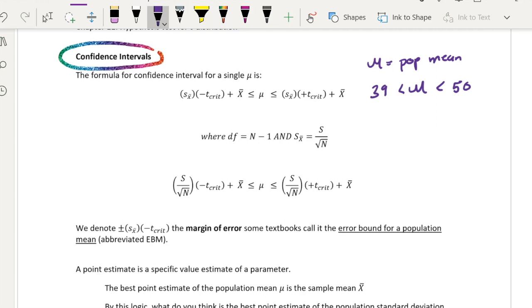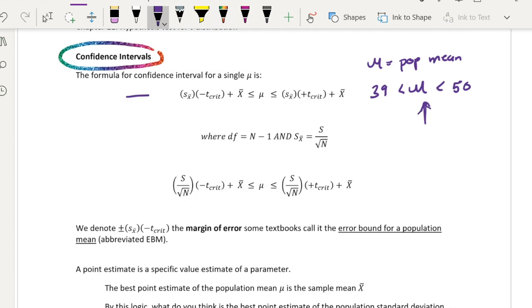It's just a different way of doing statistics, and it gives us different information than hypothesis testing. Because remember, for hypothesis testing problems, we knew what the population mean was. The problem would always give us this number. For confidence intervals, our formula is just building an interval around what the population mean is.